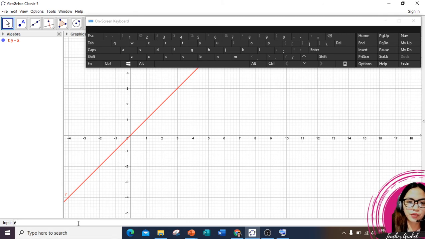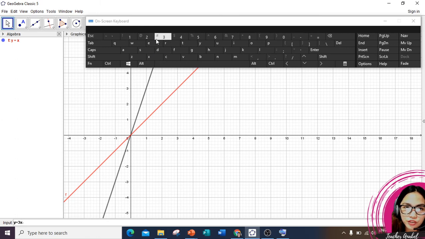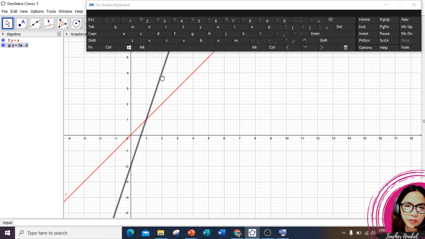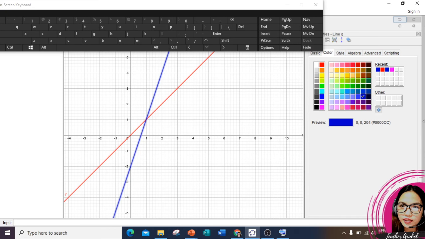So, we have here y equals 3x minus 2. Then enter. Okay, ito na yung graph natin. Right? So, paldan natin. Gawin natin blue. Yan. Okay.